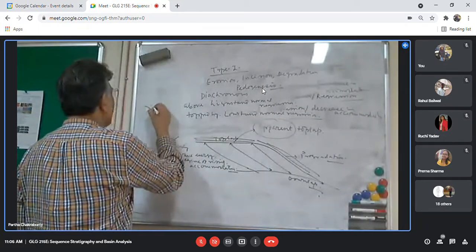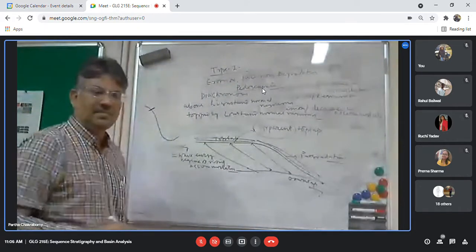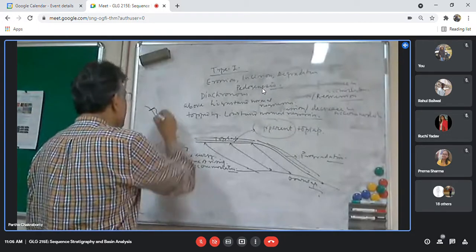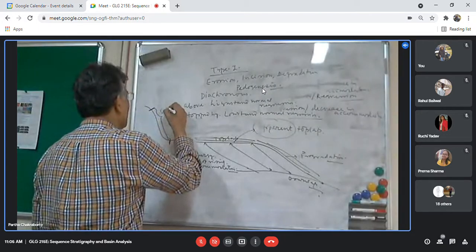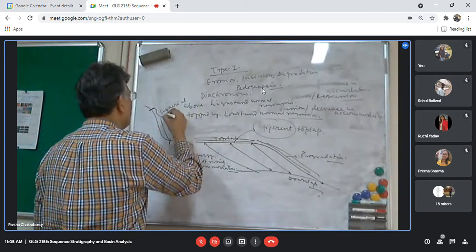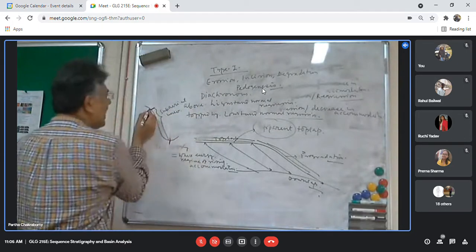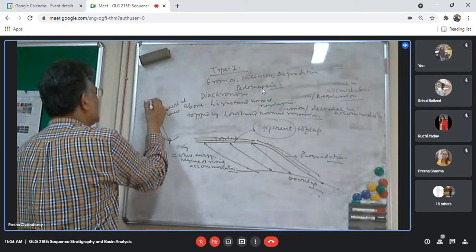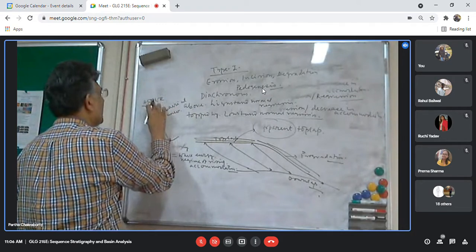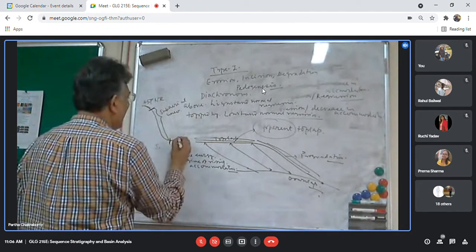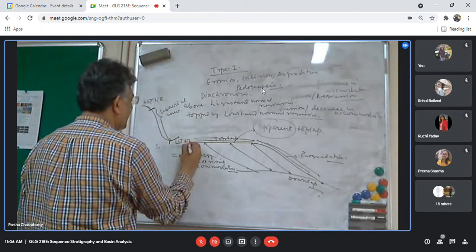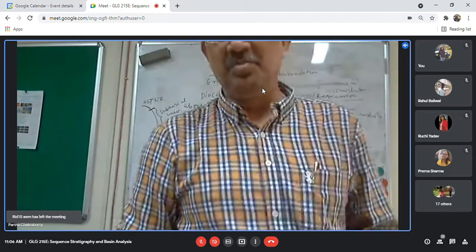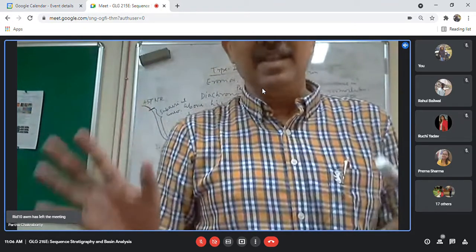So this is where the subaerial unconformity starts forming. It goes on forming up to this. So the entire period is the period of subaerial unconformity. What is underlying it? Underlying it is the highstand normal regression. And what is overlying is the LST. As a definition.